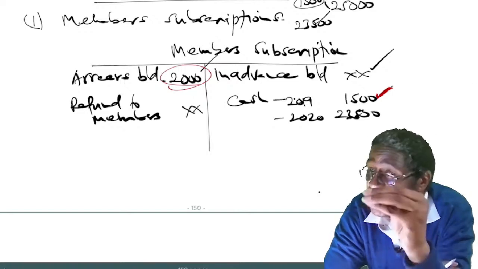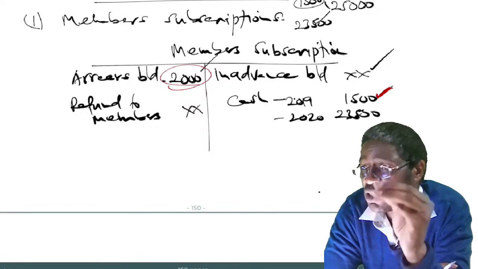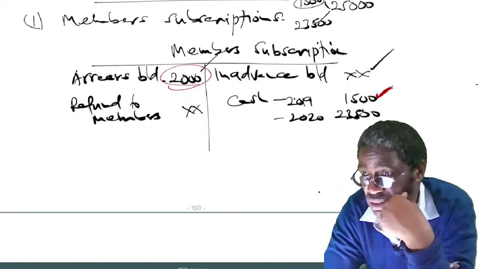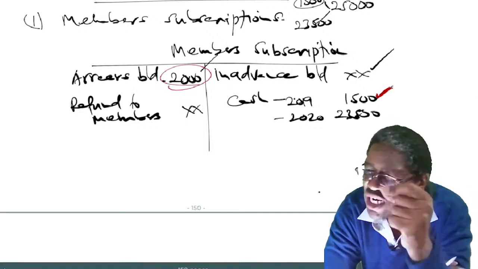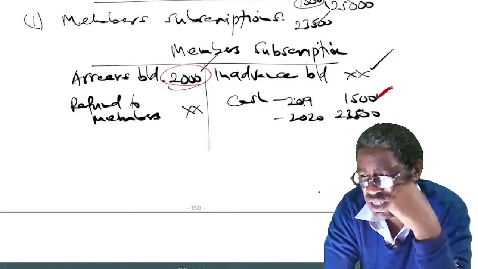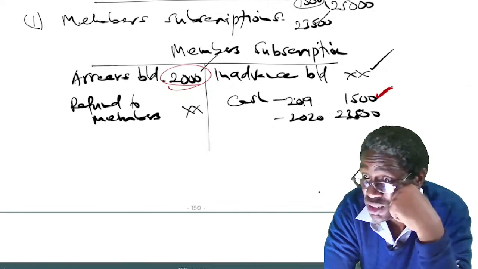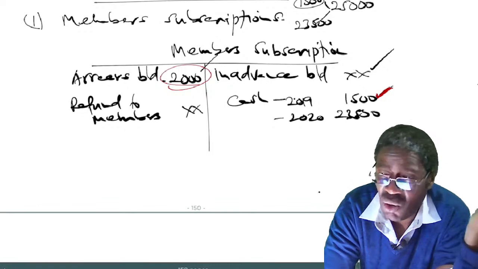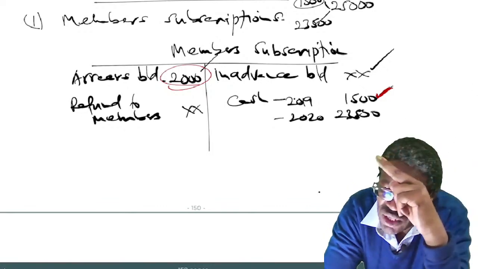We were demanding from members last year 2,000. Come this year, we began with that amount of demand. This year, only 1,500 of that has paid. So it means there's another 500 for last year, which will be carried into the next year.